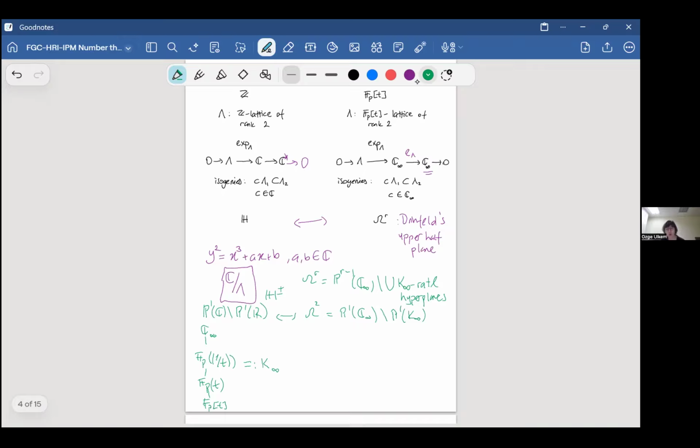And there are actually more analogies. You have the j-invariant in both cases, the discriminant in both cases, and modular forms in both cases.